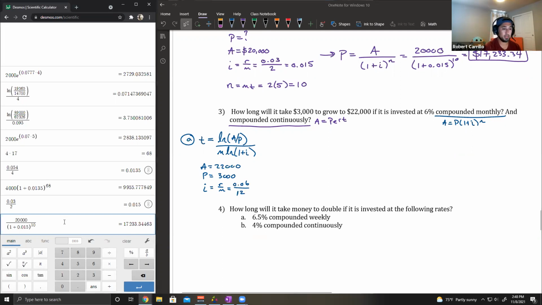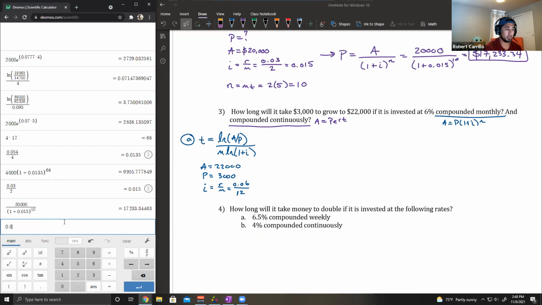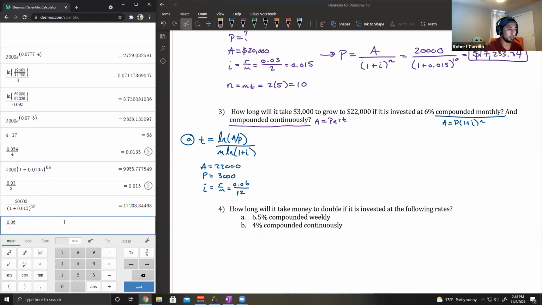Is that something nice? 0.06 over 12, very nice, 0.005.